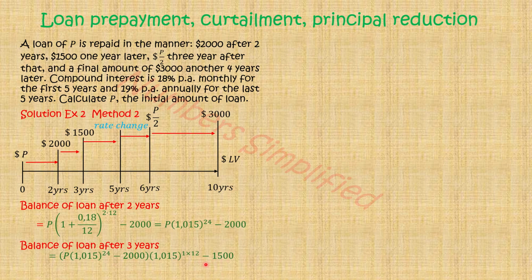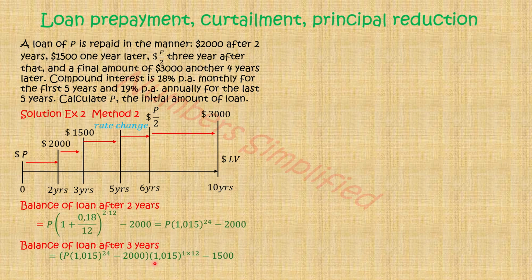Right, so that's why we have 1.015 to the power 1 times 12. That is for 1 year. So the balance that was left in year 2 has accumulated some interest, and at that particular time we reduce the balance of the loan. So we subtract 1,500 from the balance of the loan.